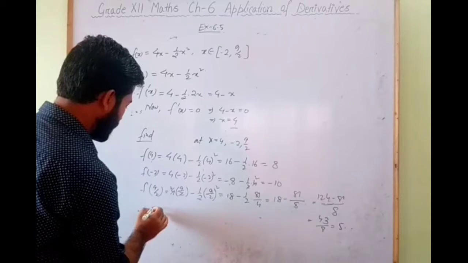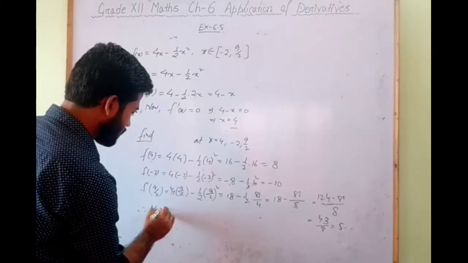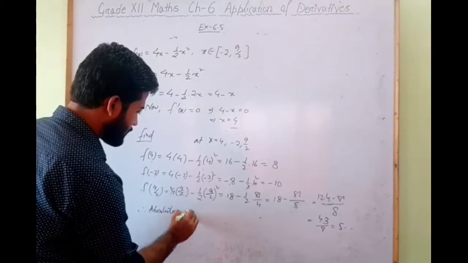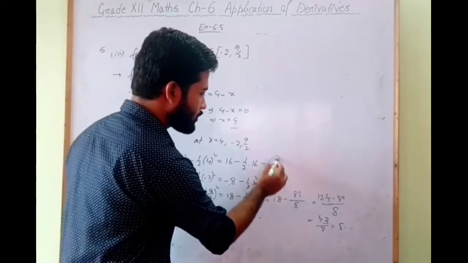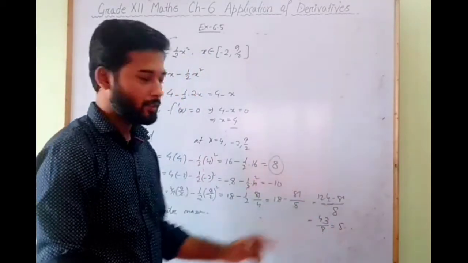So therefore the absolute maximum will be what? The absolute maximum will be 8, because this is the greatest number out of all these 3.